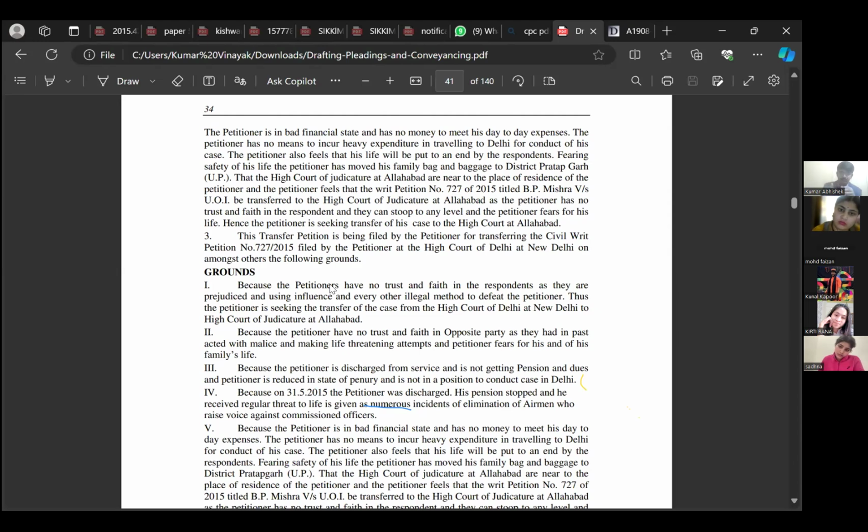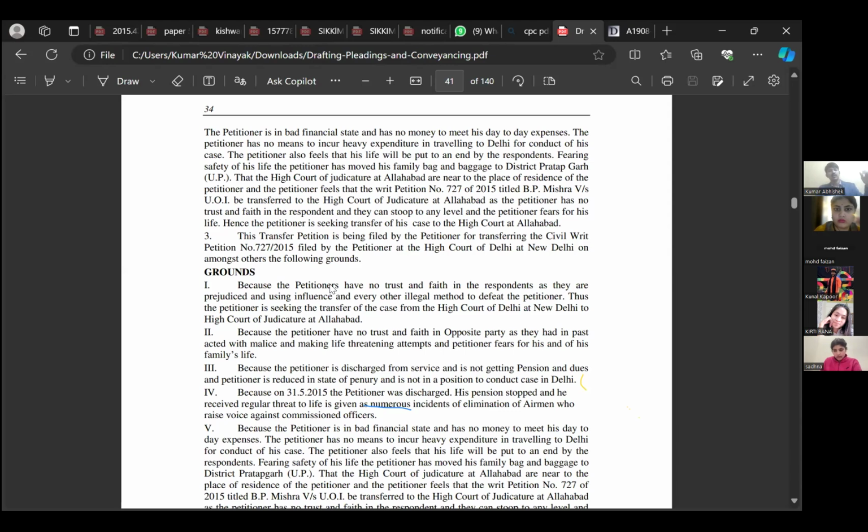Then you have to write about the grounds in that particular case. There are two paras in which you have to state that no other similar petition has been filed. There is another para in which you have to show all the details of the documents being filed with this particular case, which were before the subordinate court as well.